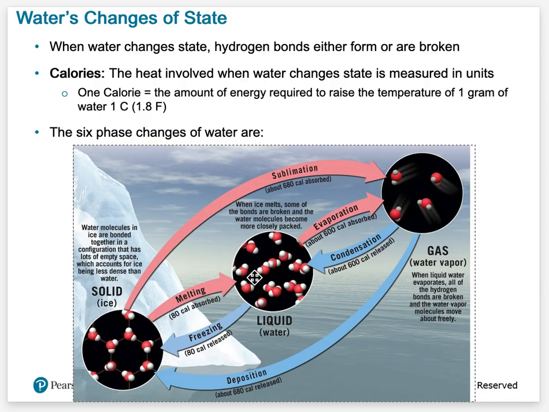And with the phase changes of melting and evaporation, the heat is taken from the environment, and as the heat is taken from the environment, it is a cooling process. For example, you feel this when you're getting out of the pool. The liquid water droplets on your skin evaporate, and then you feel a cooling sensation. So again, just know melting and evaporation is a cooling process, and condensation and freezing is a warming process.